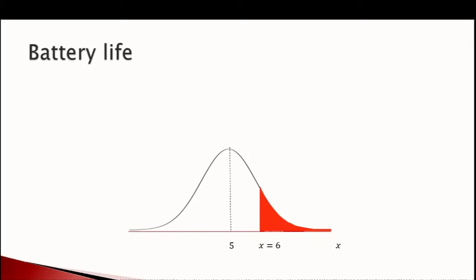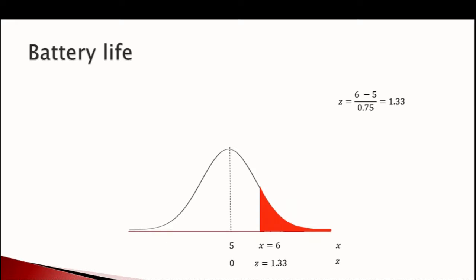So here, the first line I have x values. I will convert that to a z-score for 6 using the formula I discussed before: z equals x minus mu over sigma. X is 6, mu is 5, sigma is 0.75. So my z-score is 1.33.